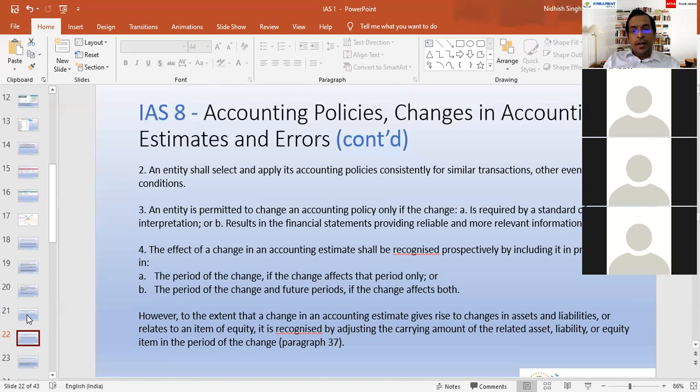To the extent that a change in accounting estimate gives rise to changes in asset and liability, it is recognized by adjusting the carrying amount of the related asset, liability, or equity item in the period of change.